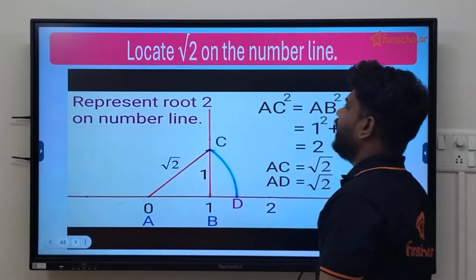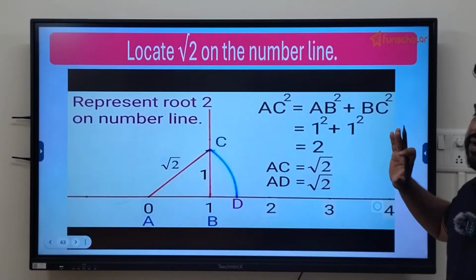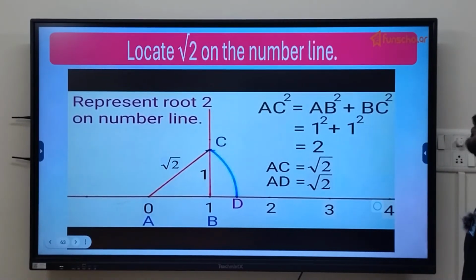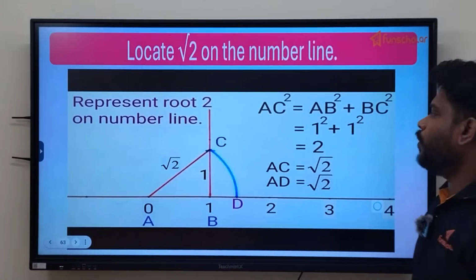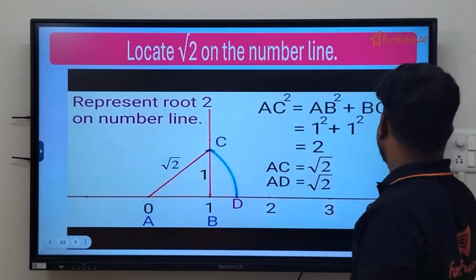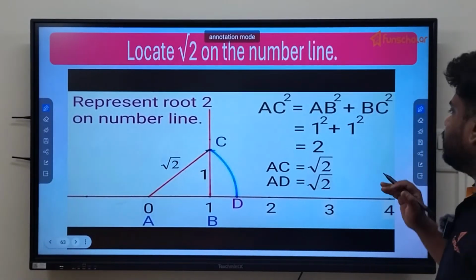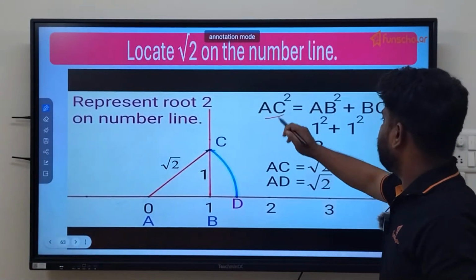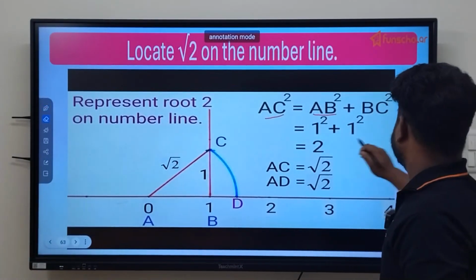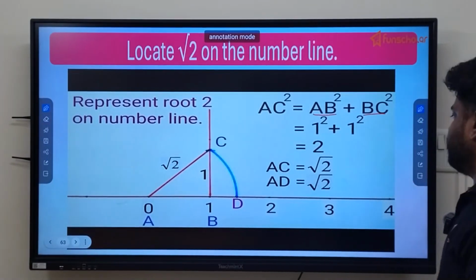So let's see how we can locate root 2. You can just watch the videos if you need them in the app. So how can we locate root 2 on the number line? To do this, we just have to take one unit as AB and one unit as BC.